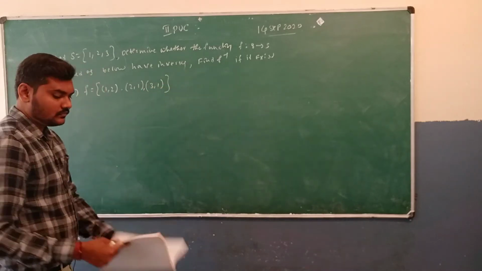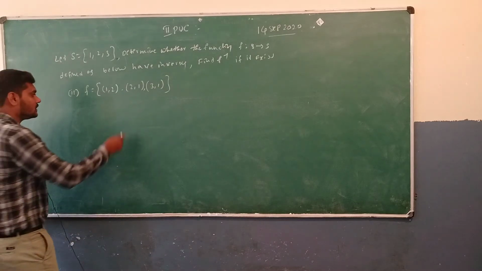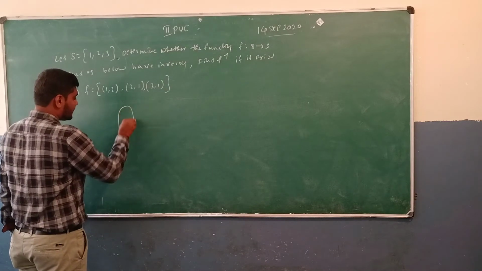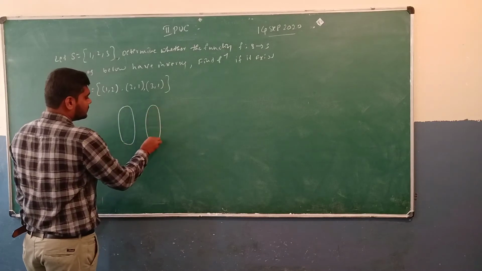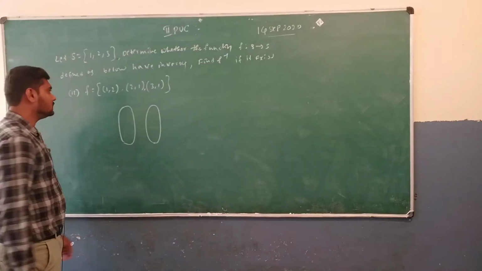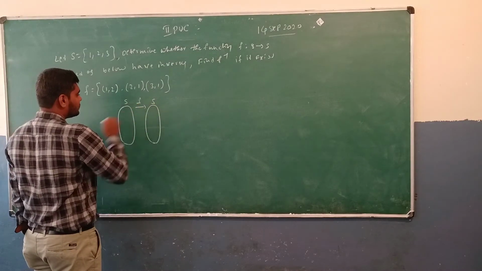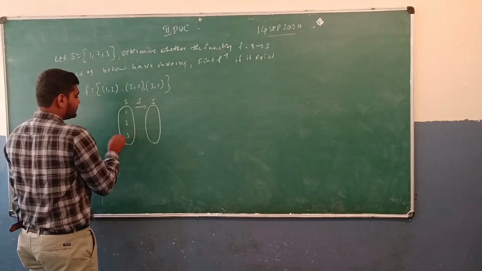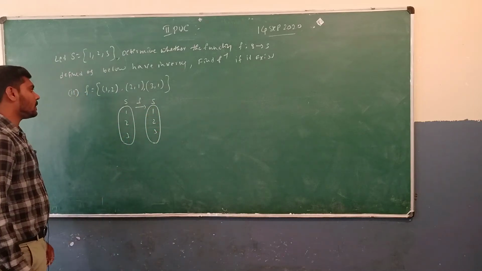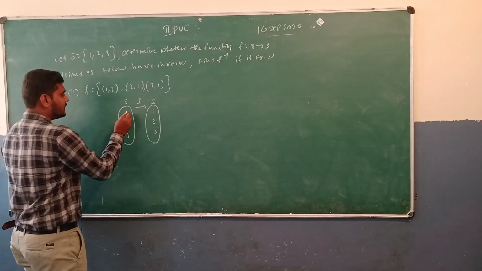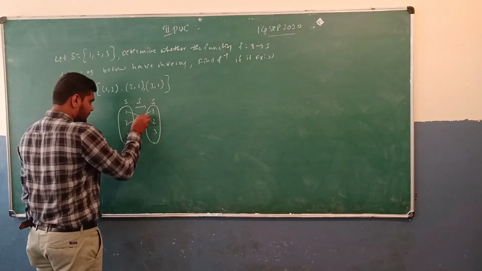See, we need to check whether the given function is one-one and onto. So I am writing an arrow diagram, because when we draw an arrow diagram we get a clear understanding. So this is going to be S and this is going to be S, because the function is defined from S to S. 1, 2, 3 are the elements present in the given set S. Then 1 has an image 2, 2 has an image 1, 3 has an image 1.